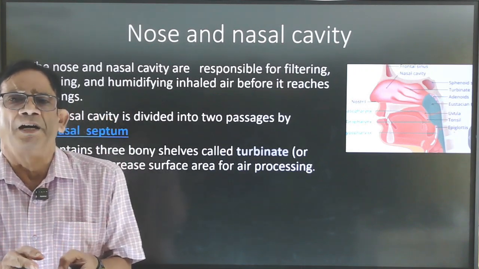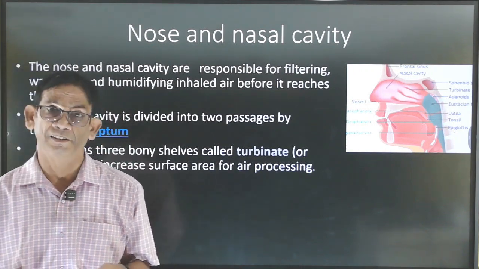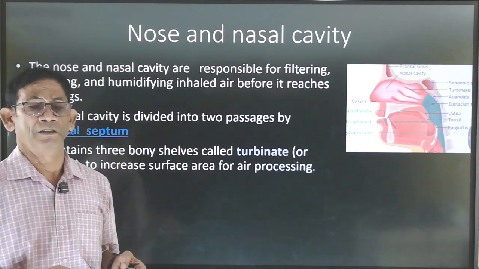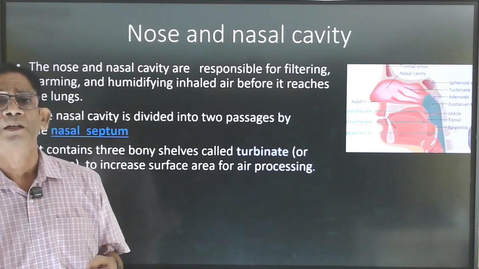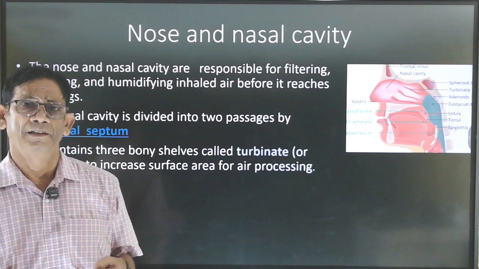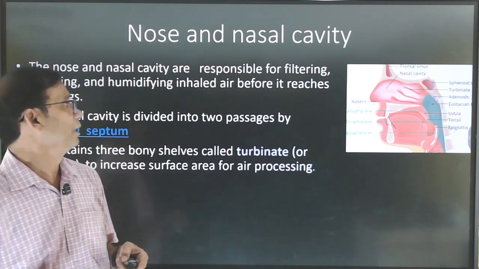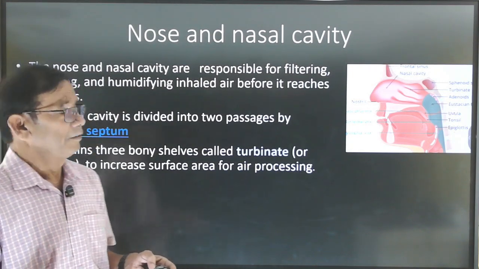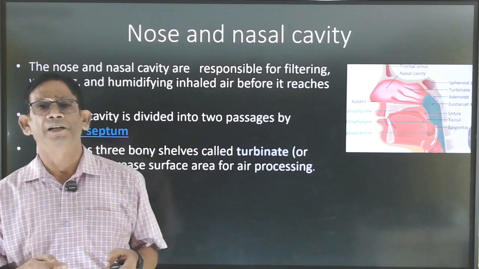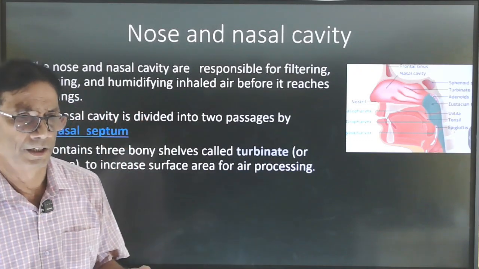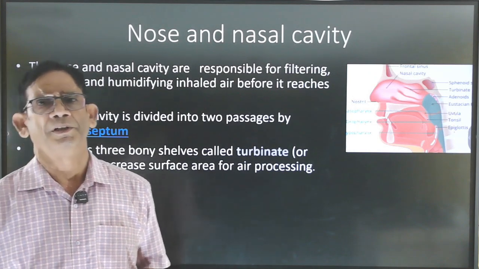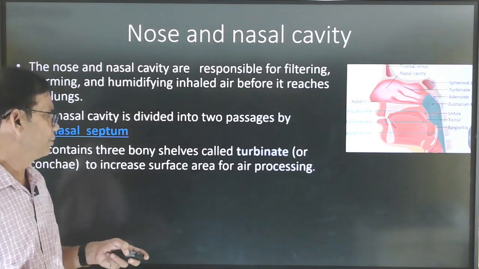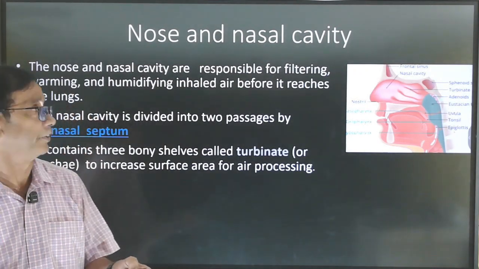The nose is divided by a partition called the nasal septum into two chambers called nasal chambers or nasal cavities, which help in keeping the inhaled air warm, filtering it and humidifying it before passing it to the lungs. The nasal cavity also contains a three-layered structure called the turbinate to increase the surface for air processing.